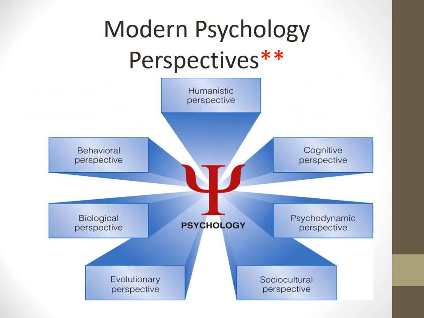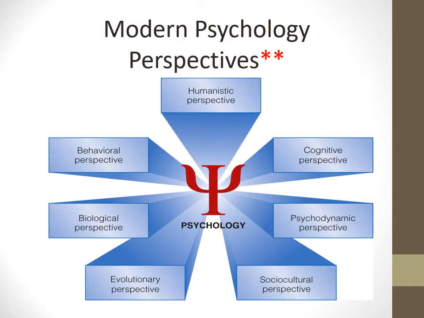Modern psychology perspectives are obviously a little bit of everything. We have behavioral perspective, biological, evolutionary, sociocultural, psychodynamic, cognitive, and humanistic. The behavioral perspective focuses on the external or environmental causes for behavior.